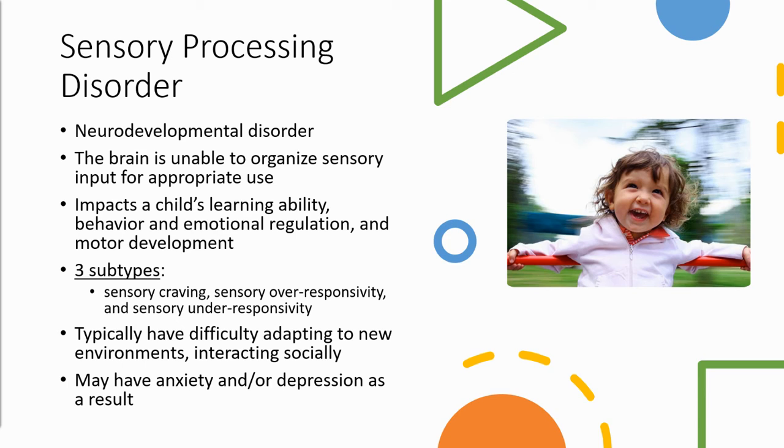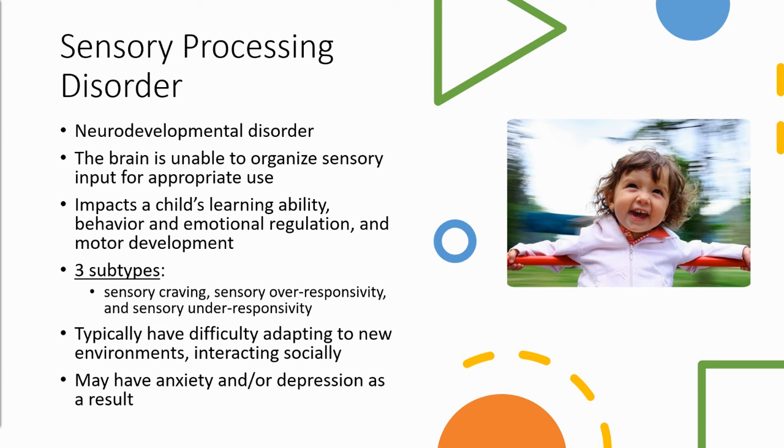It will impact a child's learning ability, behavior, and emotional regulation, as well as their motor development. There are three main subtypes of sensory processing disorder, which are sensory craving, sensory overresponsivity, and underresponsivity. And we will talk about the specifics of these in a later video when we talk about sensory processing.